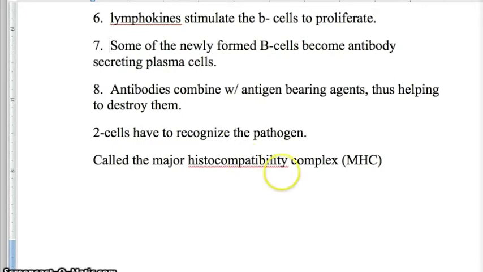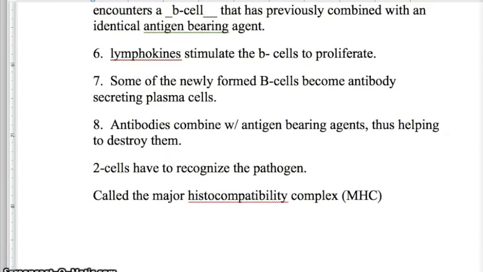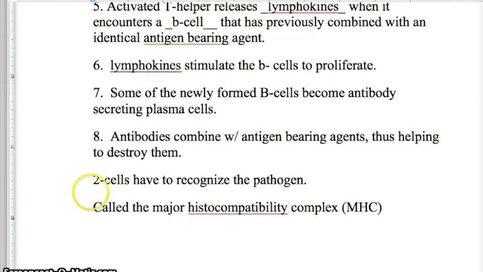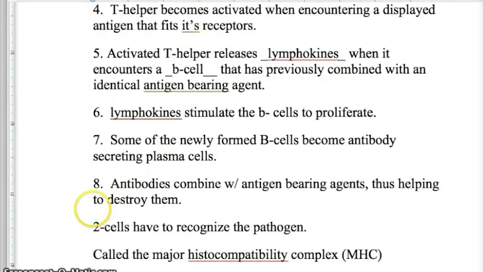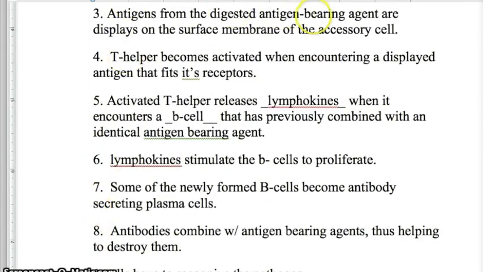Kind of going back up to where I want you to add called the major histocompatibility complex is back up at number 3. So where the antigens from the digested antigen-bearing agent are displayed on the surface membrane of the accessory cells. So the cell is taking those antigens, putting them on its membrane.